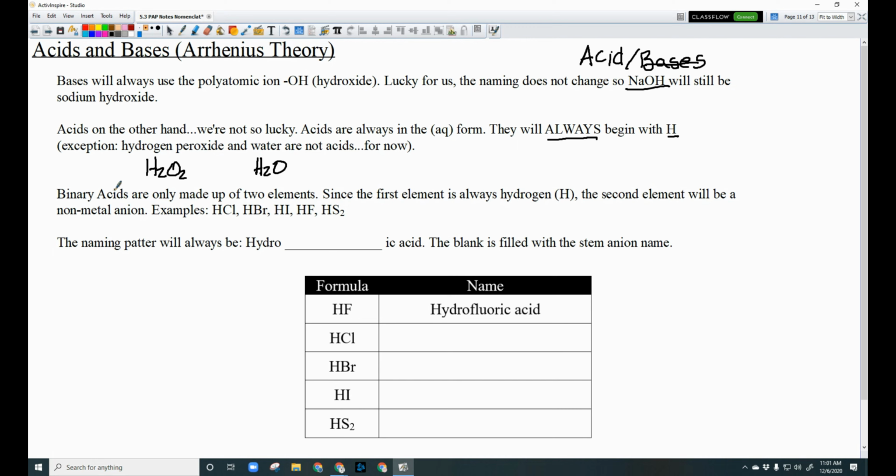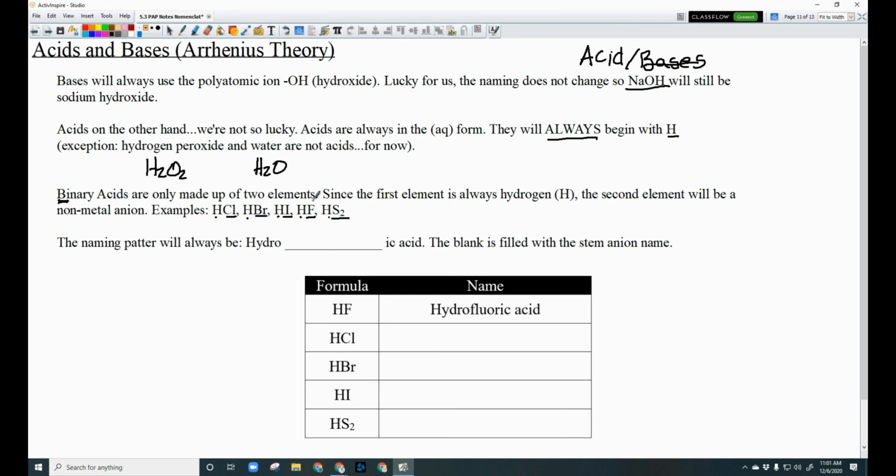So remember, binary: bi means two. So binary acids are only made up of two elements. Since the first element's always hydrogen, the second element's going to be a nonmetal anion. For example, hydrogen plus chlorine, hydrogen plus bromine, hydrogen plus iodine, hydrogen plus fluorine, hydrogen plus sulfur.